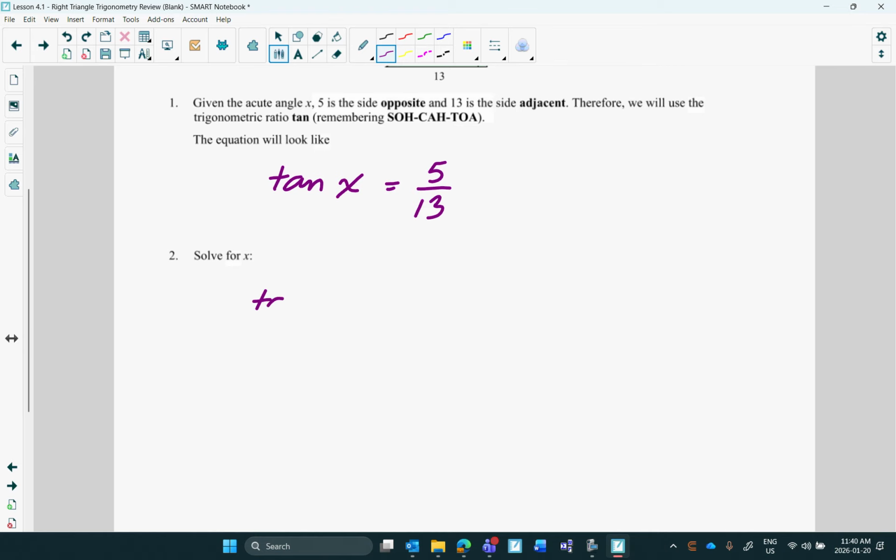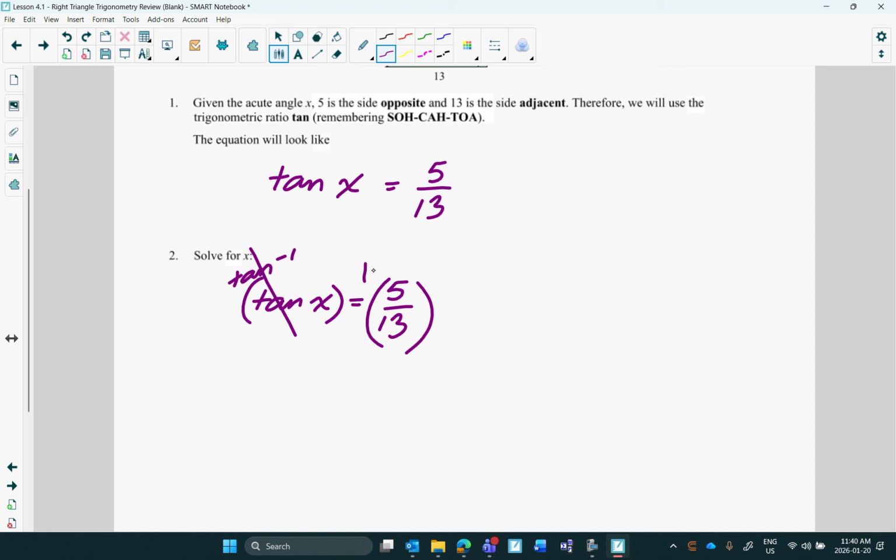Just going to rewrite this. Well, we've almost got x by itself. There's just a tan with it. How do I get rid of just the tan? Tan inverse. Tan inverse and tan cancel each other out.